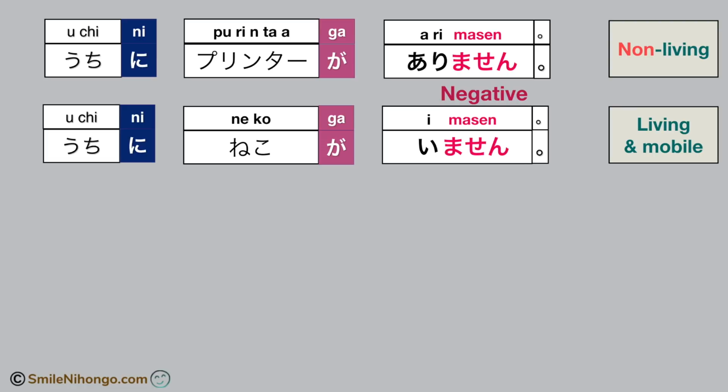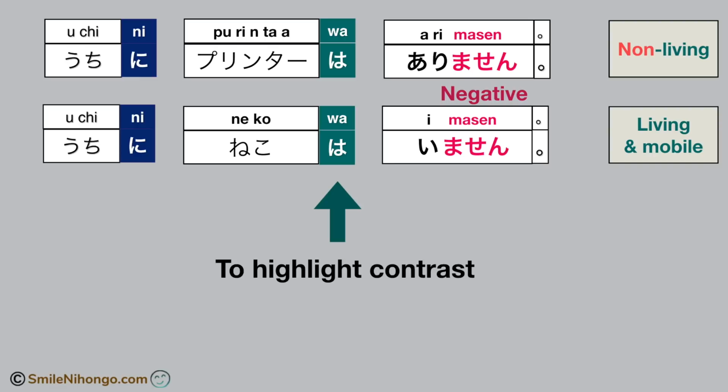However, many Japanese people also use the particle wa here instead of ga in these negative sentences. This is to highlight the contrast between the printer and the cat that you don't have versus many other things that you have. By using the particle wa, you are automatically implying that you don't have a printer or a cat, but you have other things at home.